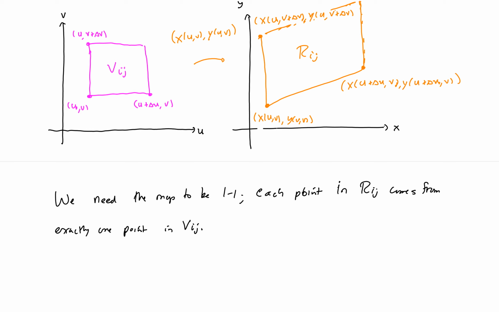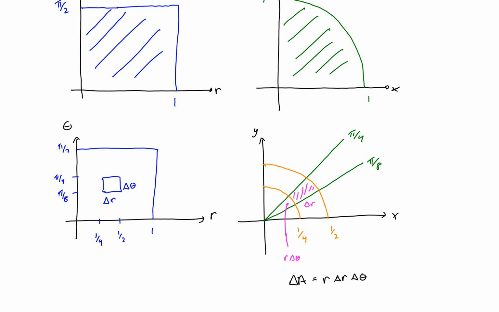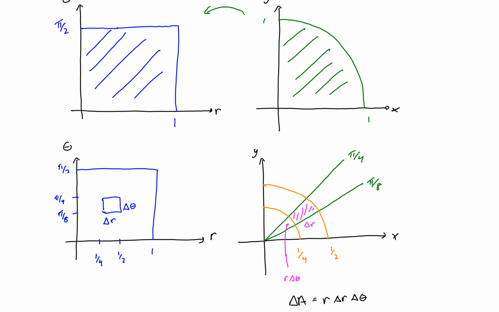So now what we'd like to do is figure out what is the area of Rij. So if we think back to what we did in our other case, remember when we transferred from the polar, you can think of the transfer here as taking r and theta, and these are mapping to r cosine theta, r sine theta.